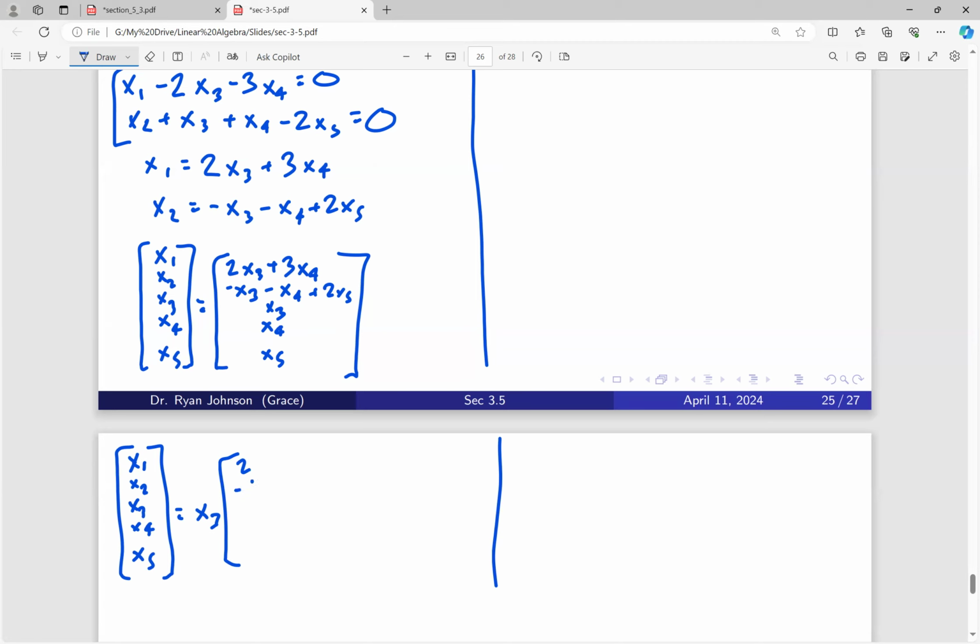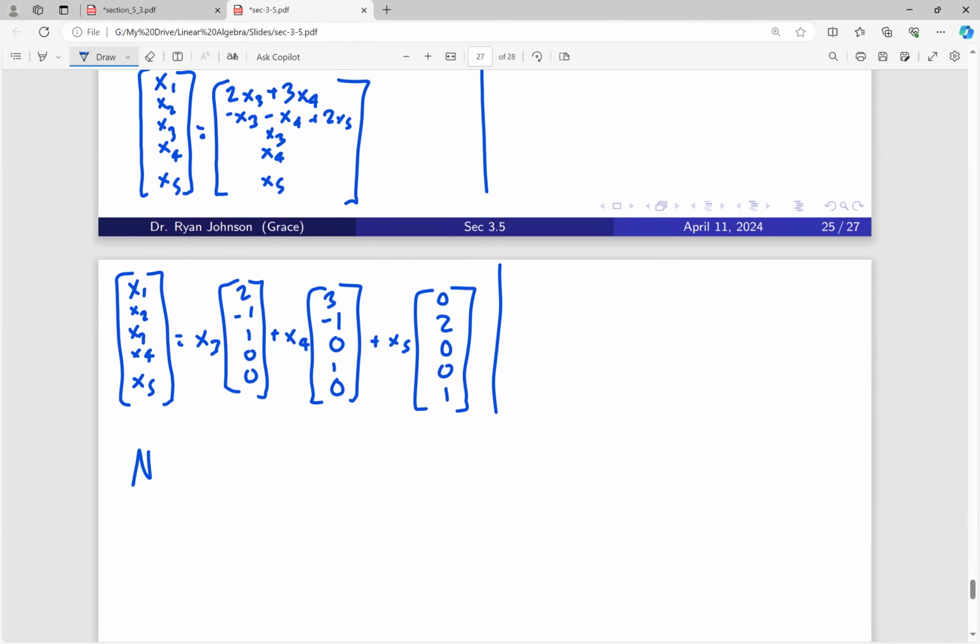I've got a 2 and a negative 1 and a positive 1, then 0, 0. And where are my x4s? They are 3 and negative 1 and 0, 1, 0. And where are my x5s? They are 0, 2, 0, 0, 1.